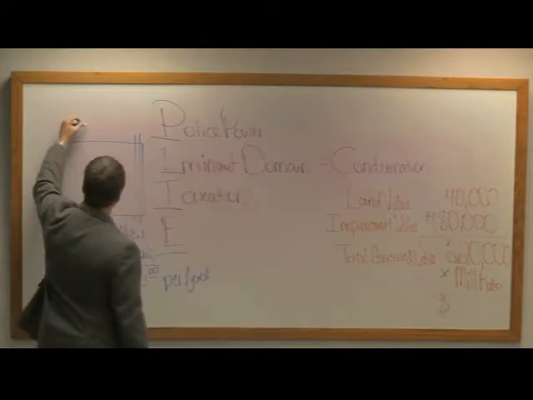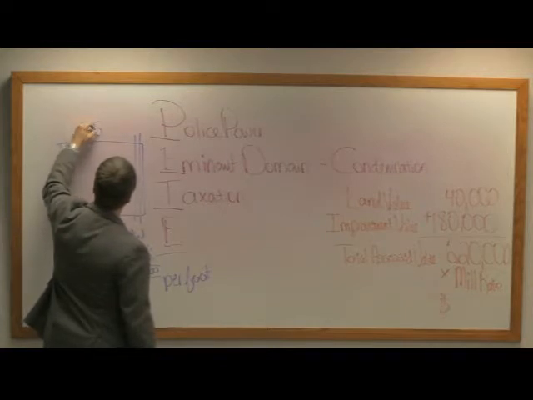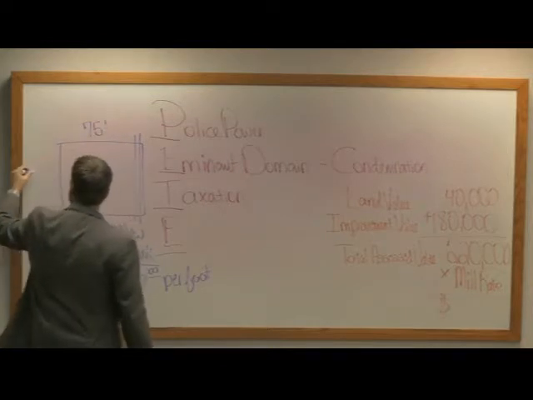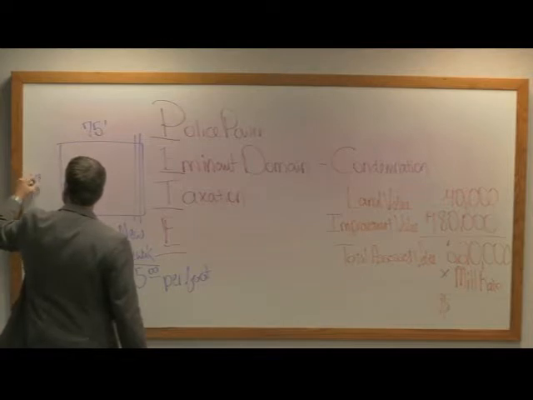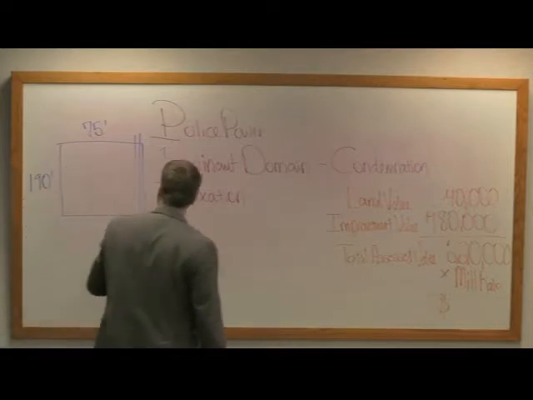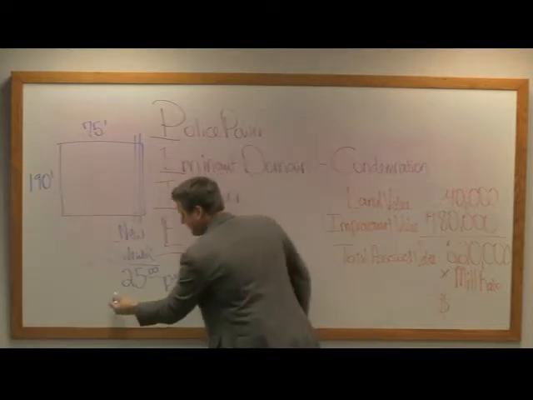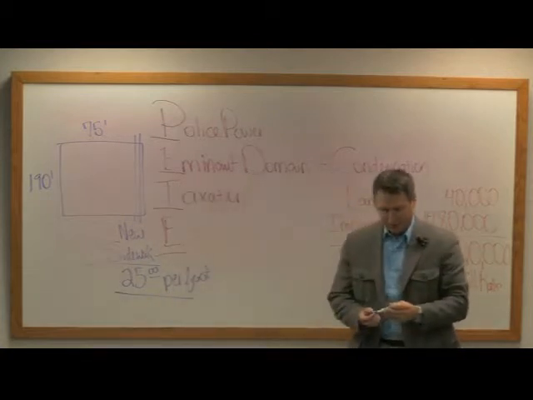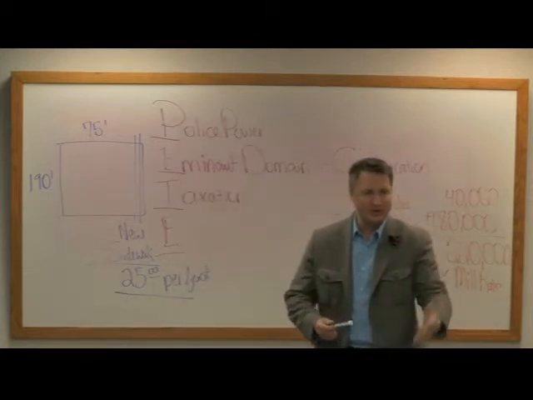And they'll give you a picture that the lot is 75 feet by 190 feet. And so your question is, what was assessed to that homeowner?